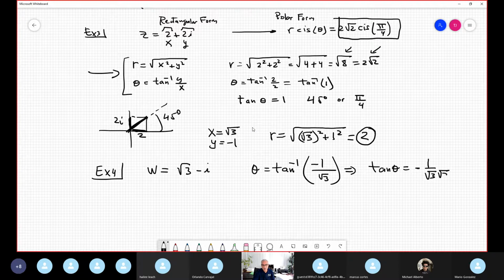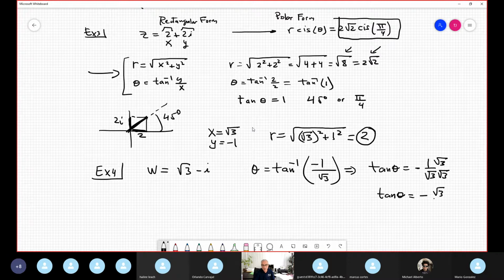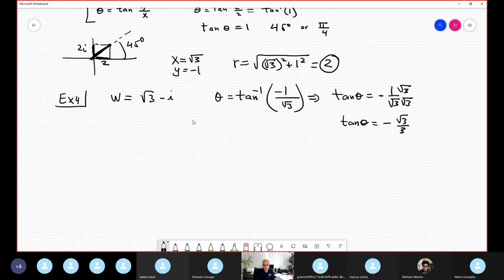If you rationalize, it's tangent inverse of negative radical 3 over 3. So I have no idea. Well, I am lost in the tangent because tangent is complicated for me. However, I know that tangent is negative in the second quadrant and the fourth quadrant.